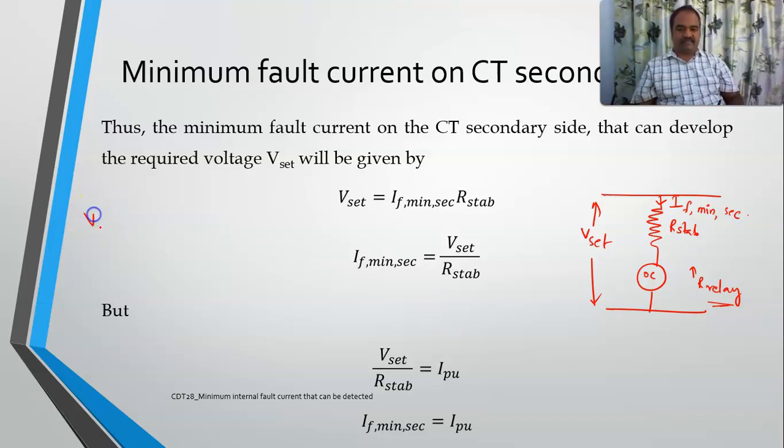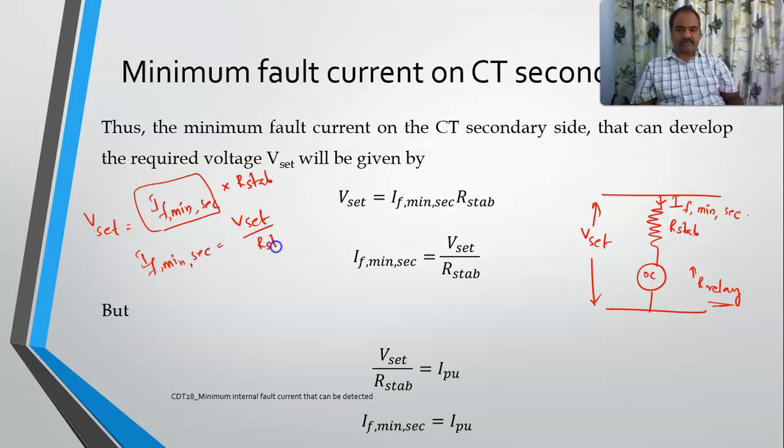So my V set is equal to I F minimum, this is secondary current, into R stabilizing resistance. Or in other words, I can write it as V set by R stabilizing.